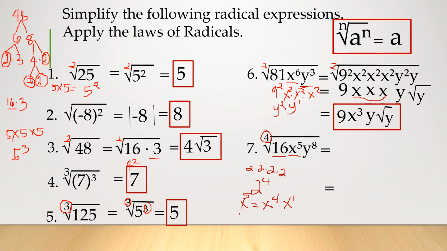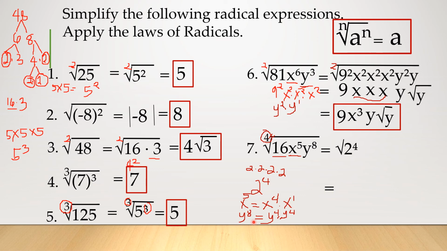Now, what about y to the 8th power? Well, I can write that as y to the 4th times y to the 4th, because the index is 4, so I'll make sure that my exponent here is 4. Multiplying, we add the exponents, 4 plus 4, so 8.